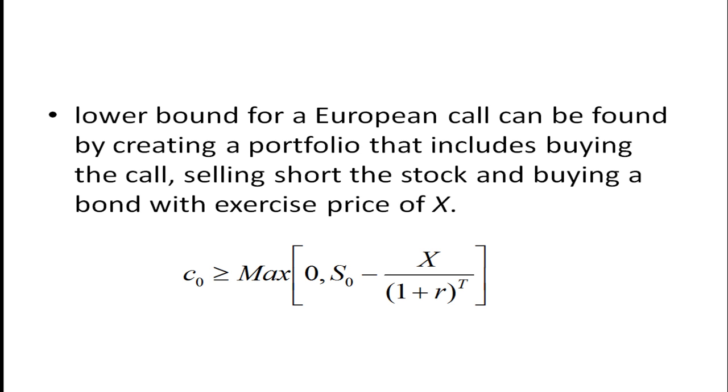And we do that by creating a portfolio that includes buying the call, selling short the stock, and buying a bond with exercise price of X. And then we look at the payouts in different situations where the call is in the money, out of the money, at the money, etc. Now, I'm not going to do that here, but the conditions tell us that the European call has to be greater than or equal to the maximum of 0, again, these can never be less than 0, or the stock price minus the present value of the exercise price.